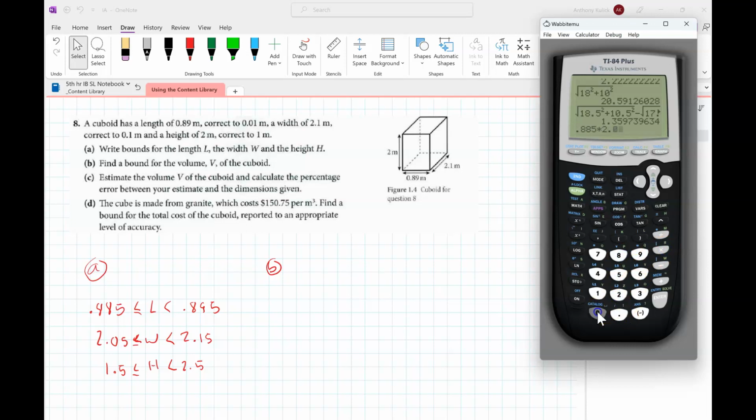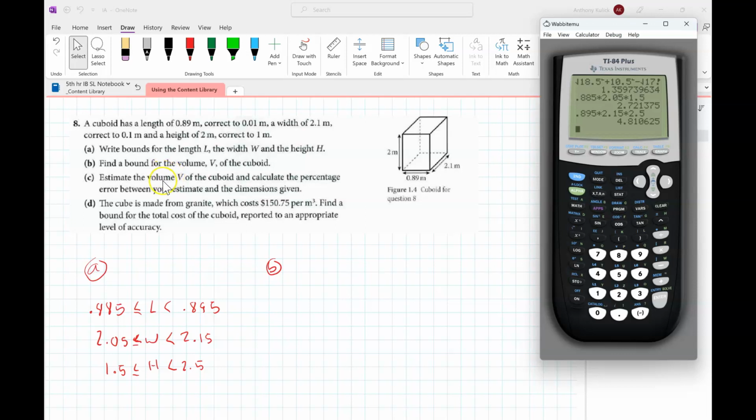The smallest volume is going to come from the smallest measurements. Again, I'd probably round those to 3 sig figs, but those are the bounds for my volume.